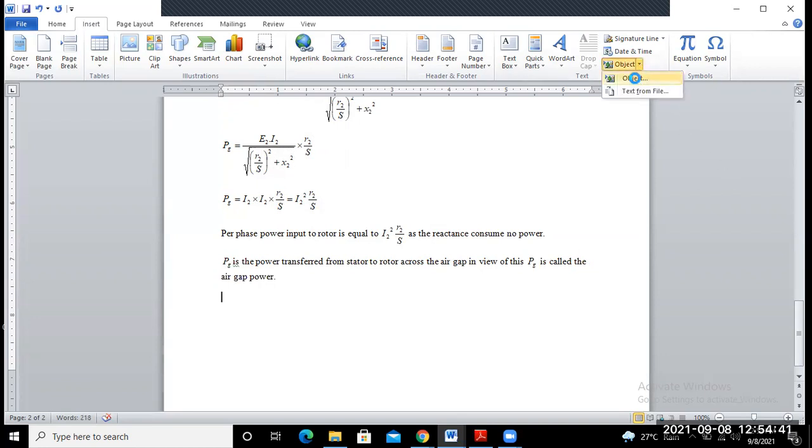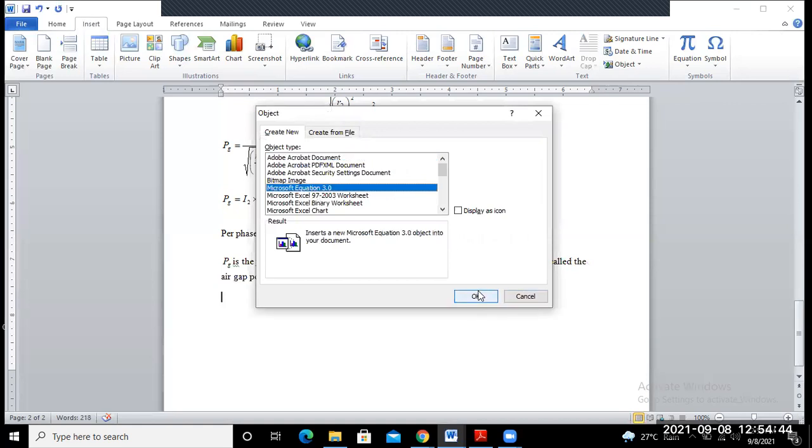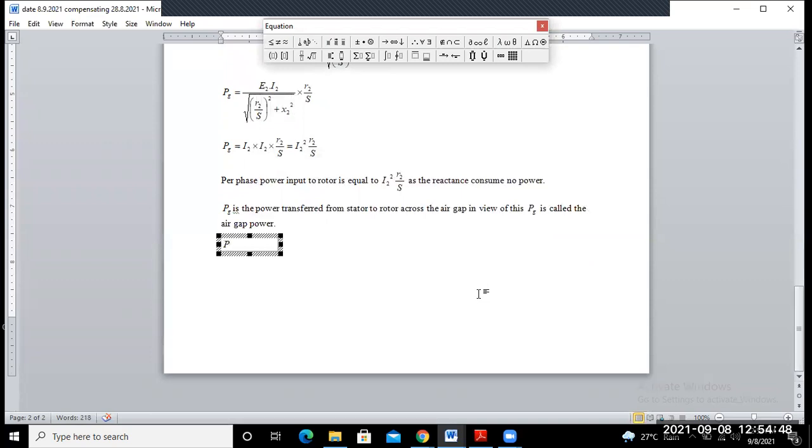Just try to simplify this equation: PG equals I2 square R2 by S equals I2 square R2 by S.